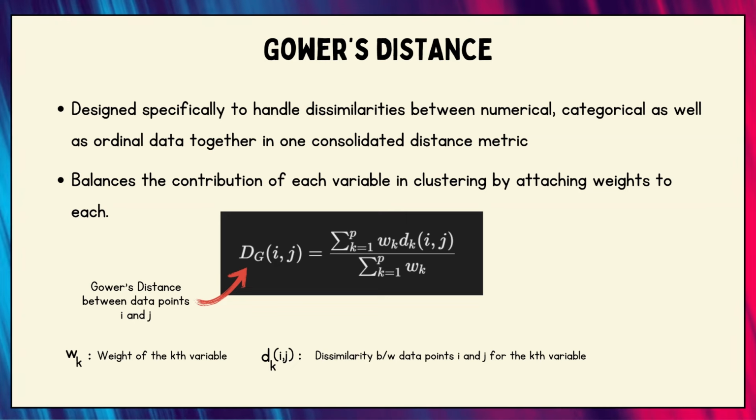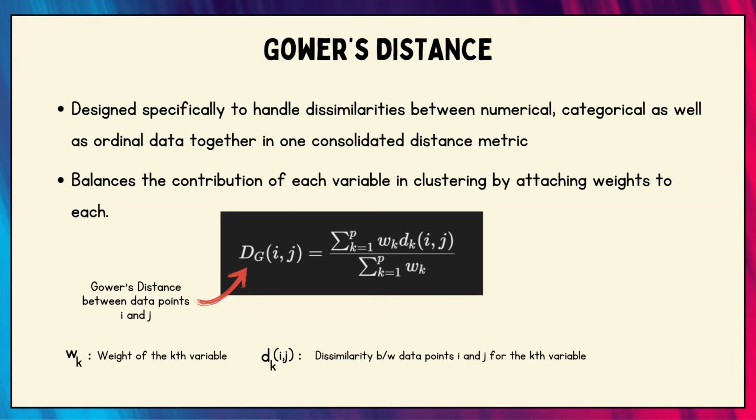So the Gower's distance between i and j is going to be the summation of w_k d_kij, where w_k is the weight attached to the kth variable. So for example, if you have a numerical variable revenue, then w_k can be the weight which we want to attach to it.